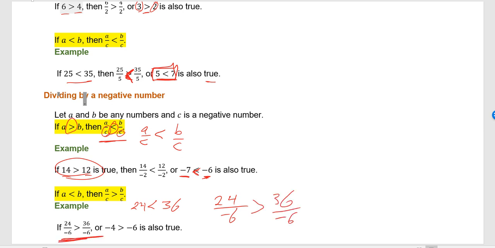Okay, just like I have here, right? In which case I have 24 divided by negative 6 is negative 4, and then 36 divided by negative 6 is negative 6, right? Which is true. Okay, so I started from here, and then I went to here because of dividing by a negative number, right? So I flipped the inequality sign.